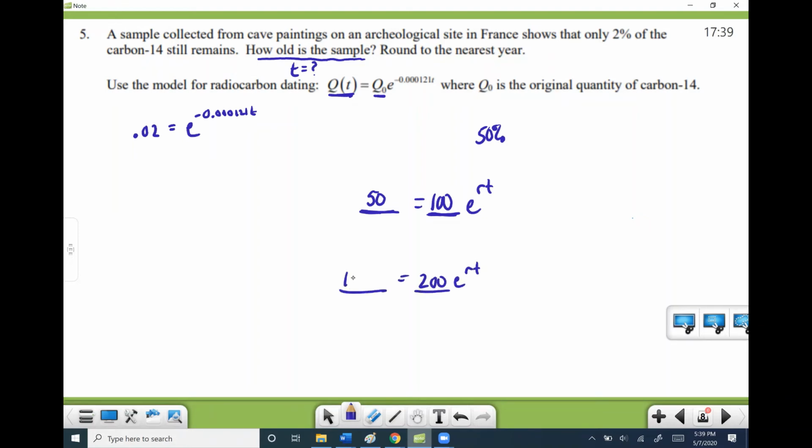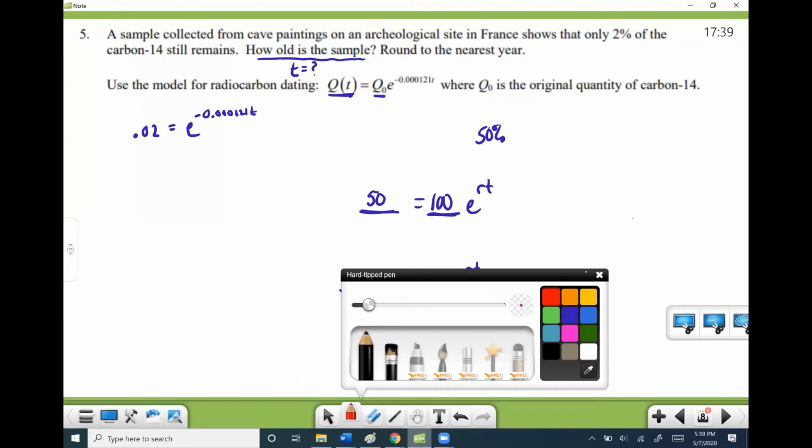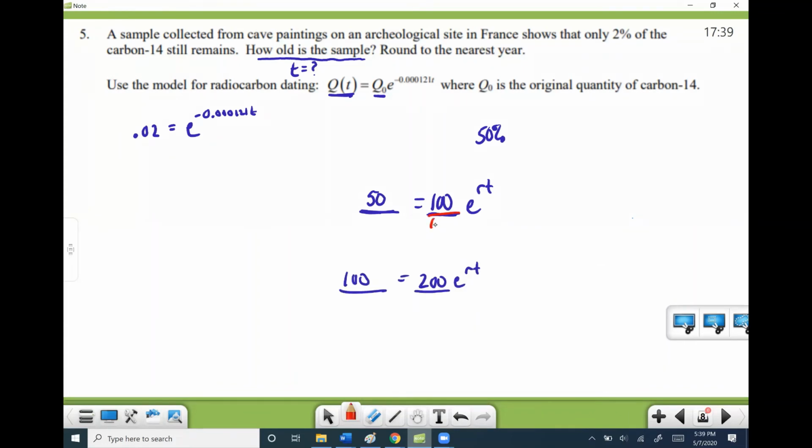Okay, then 100 of it's left, right? Now the reason why it doesn't matter is the math that we would do is, wouldn't we go and divide both sides by 100 on this? And that would get me a half over here on the left-hand side. And if I divided by 200, you guys, wouldn't that still get me a half on the left-hand side?